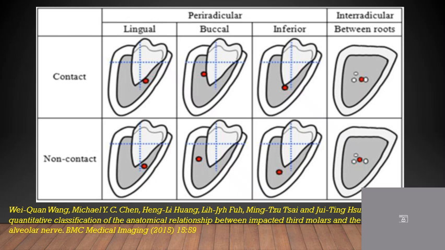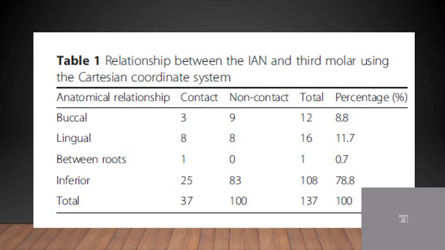As you can see here, the contact and non-contact of the tooth with respect to the cross section of the nerve can be appreciated.